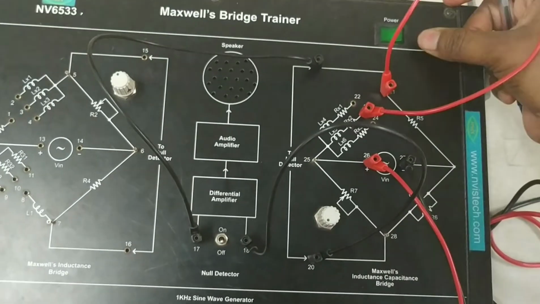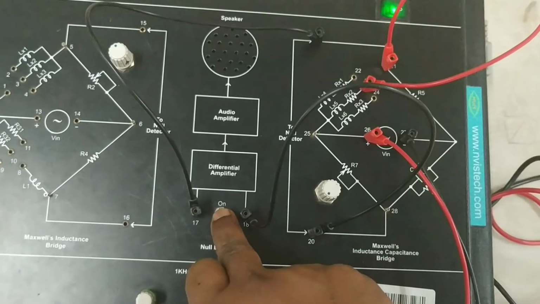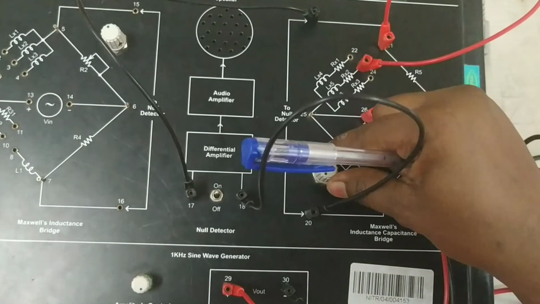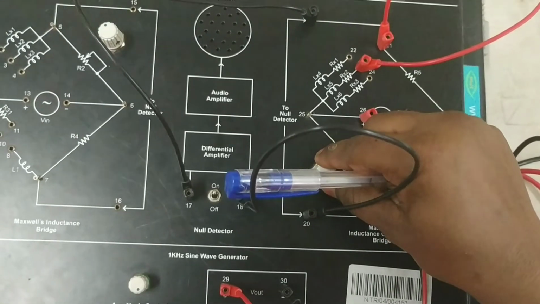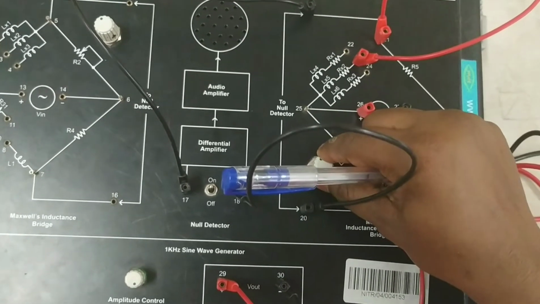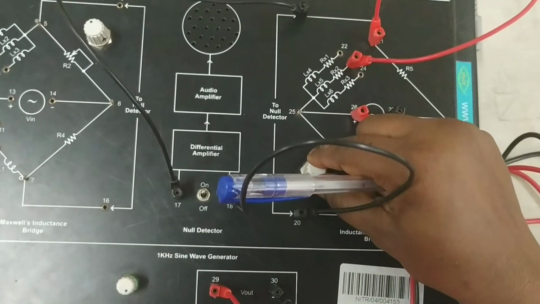So let us start. Switch on the power supply, switch on the null detector and vary the potentiometer very precisely where the noise is minimum. That was the balance condition of this bridge.